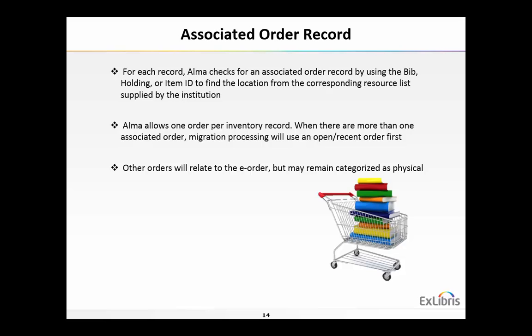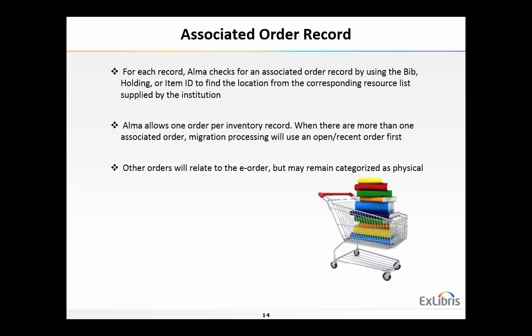For each P2E record, Alma will check for an associated order record by using the bib holding or item ID to find the location from the corresponding electronic resource list supplied by your institution. It is important to note that Alma allows only one order per inventory record.